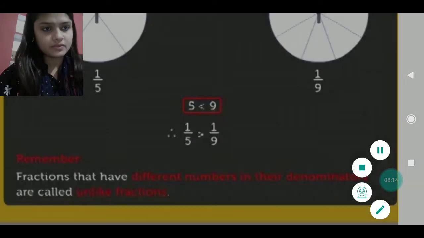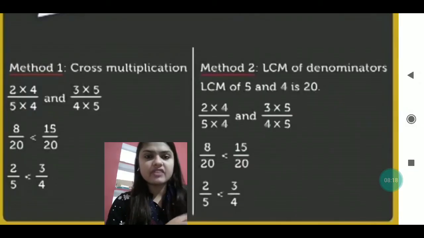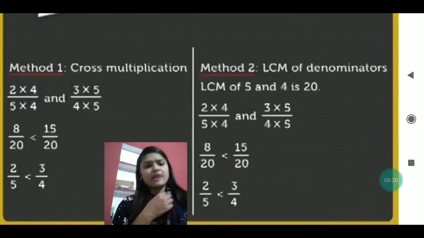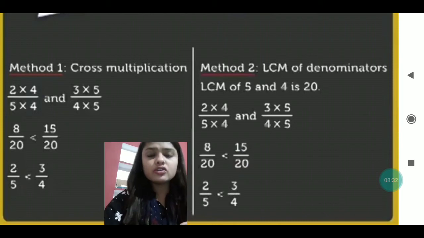Now just move on. Just see in this question, as we have done, the cross multiplication, first method. Here we are going to learn how we can do cross multiplication to find out the smaller and greater number. You can see 2 by 5 and 3 by 4 is written.